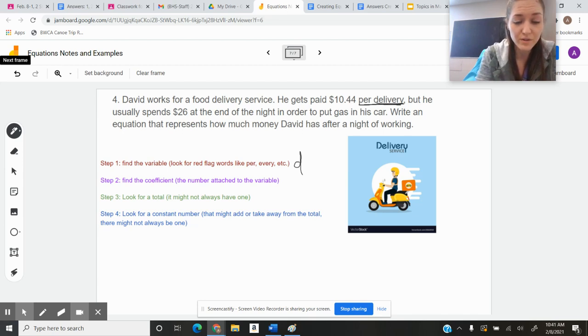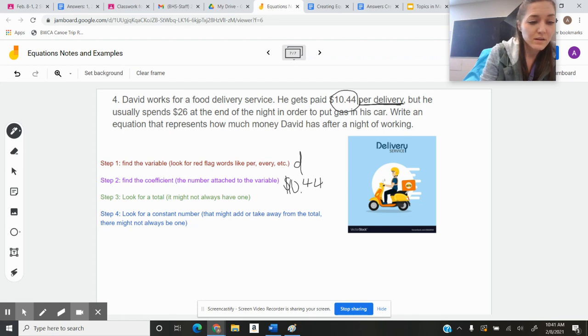So our coefficient, or the number attached to the variable, is $10.44. If he made 1 delivery, we would just take $10.44 times 1. If he made 10 deliveries, we would take $10.44 times 10.